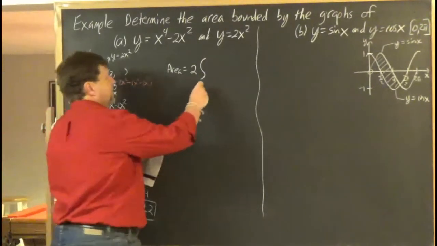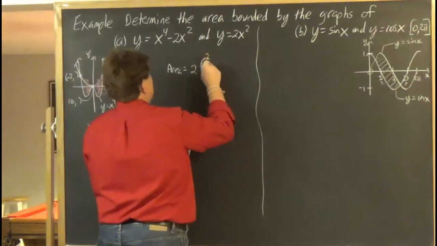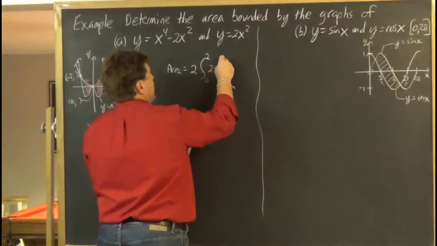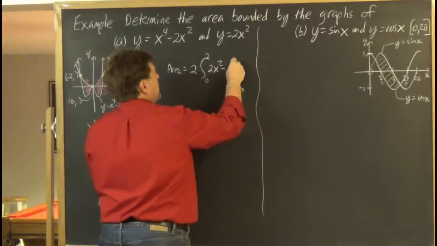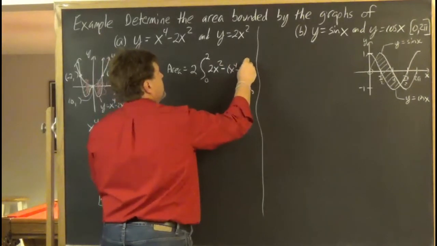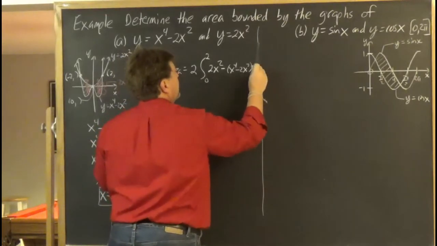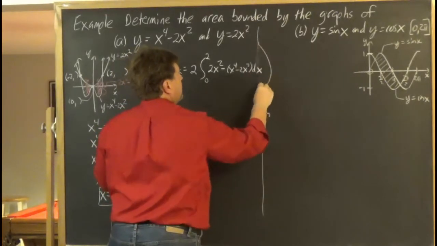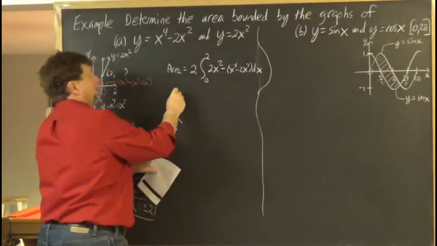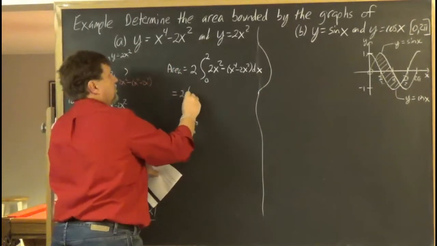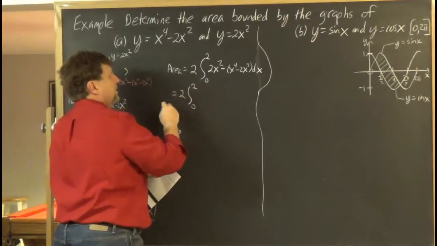I opt to integrate from 0 to 2. And we're integrating 2x squared minus the quantity x to the fourth minus 2x squared dx. Oops, give me a little more room. So that's 2 times the integral 0 to 2.